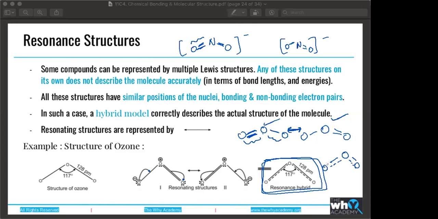The way to visualize it is, electrons exist as electron clouds, right? So imagine one of those electron clouds is spread out throughout this molecule. The electron is delocalized and is traveling completely over this. That's how you can imagine it.